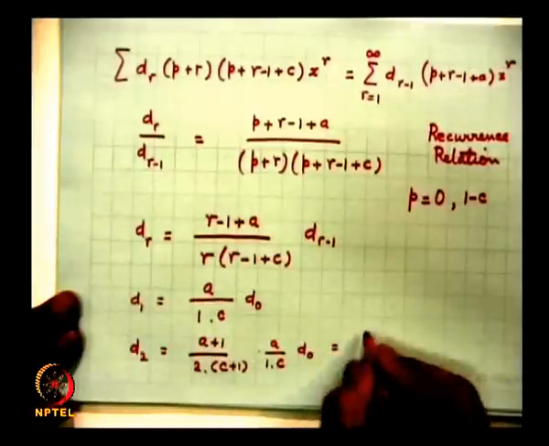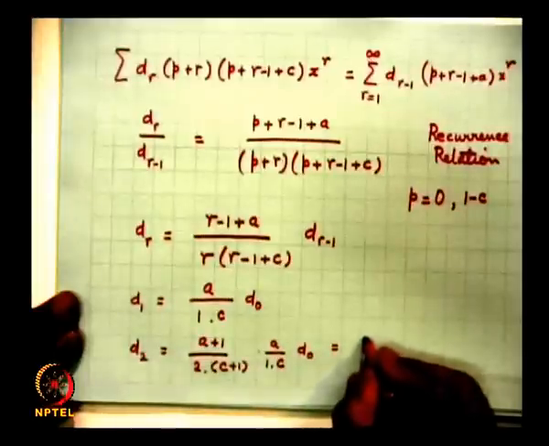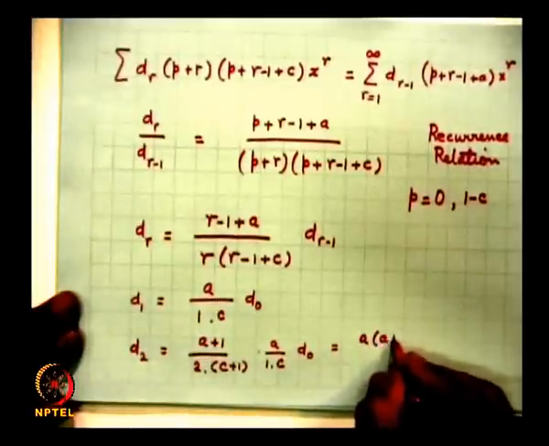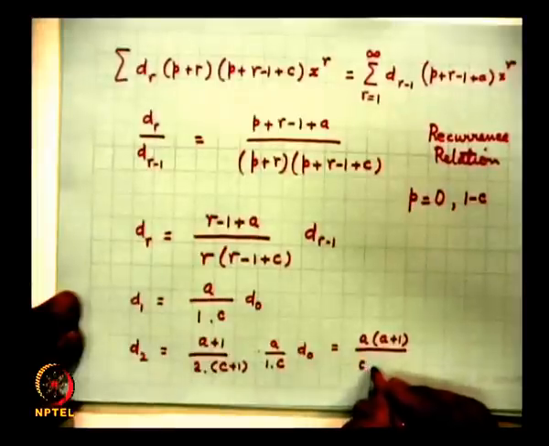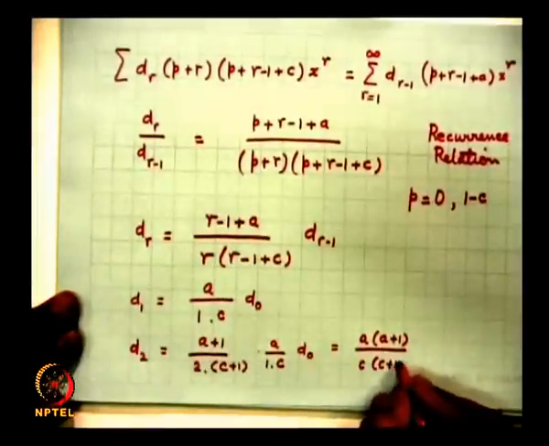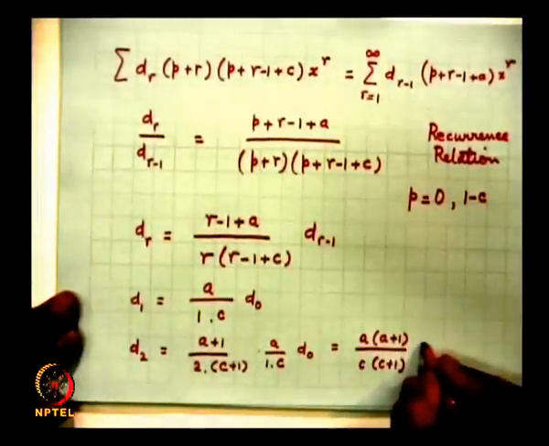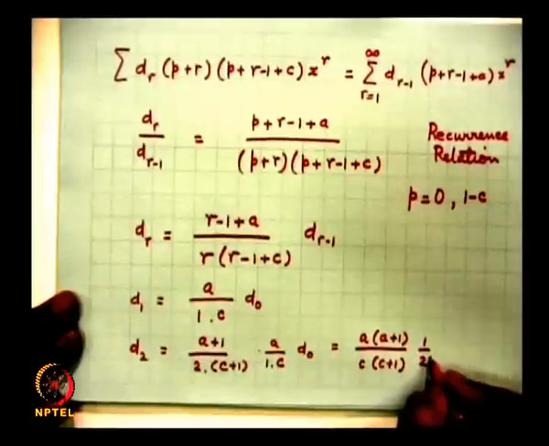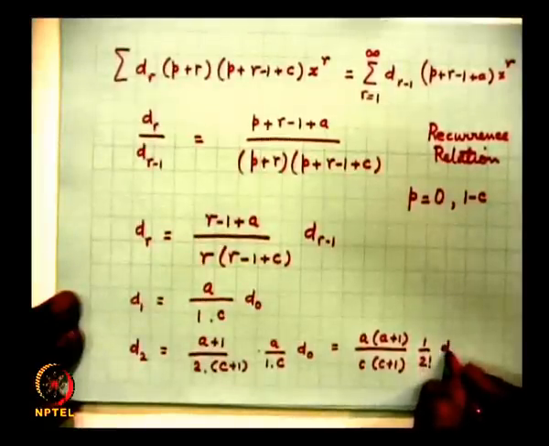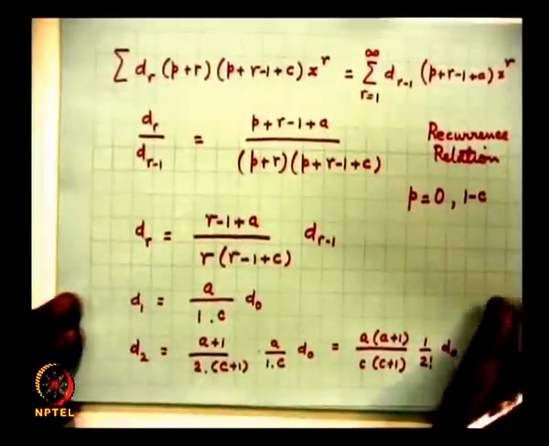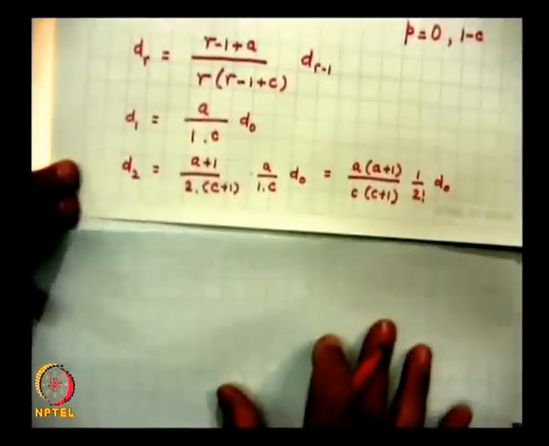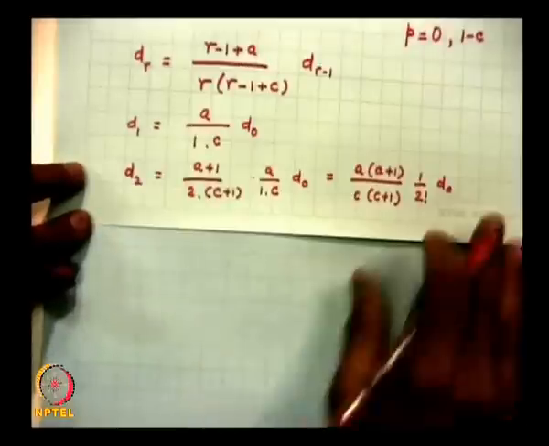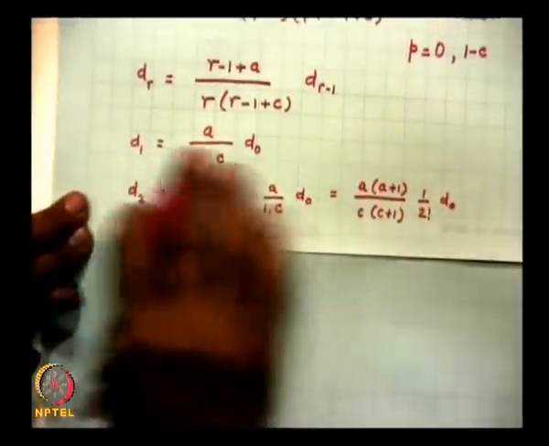So this comes out to be, if I put a here, a into a plus 1 divided by c into c plus 1 into 1 over 2 factorial, 1 into 2 into d0. Let me write down one more term, and that will be something like this. So, I found out d1.